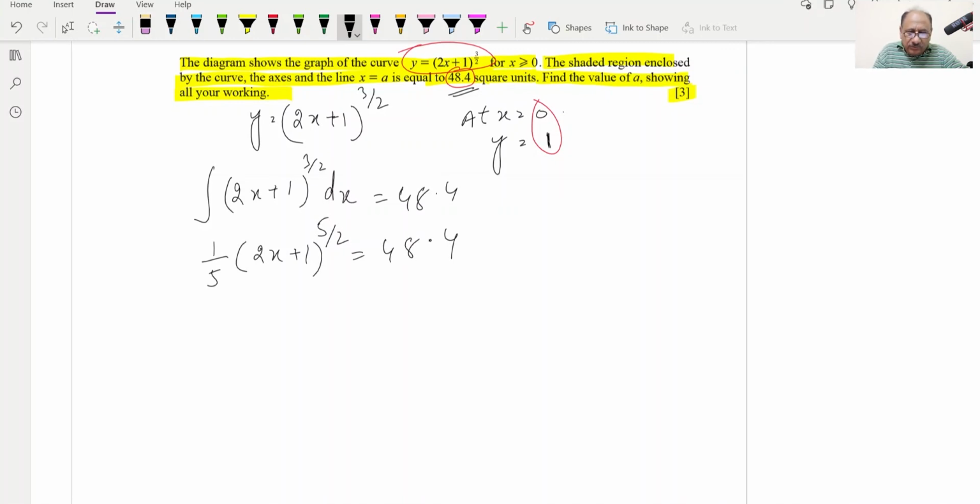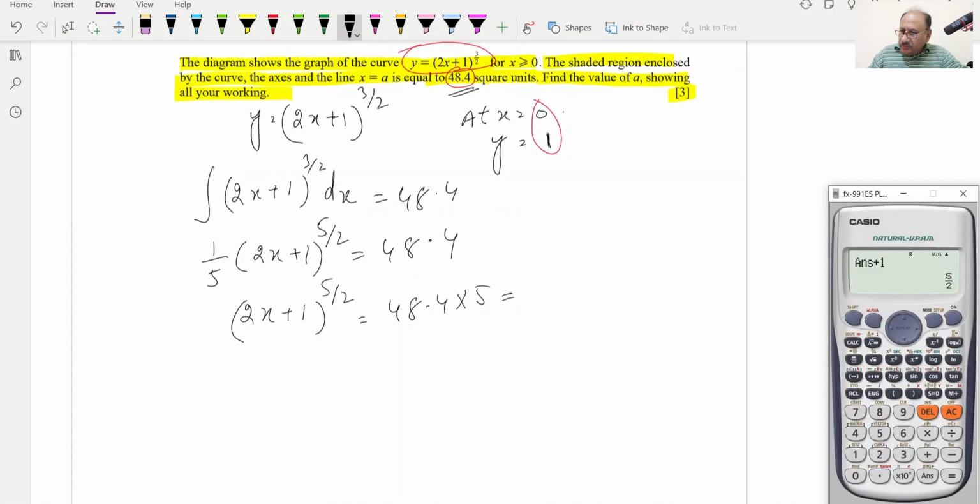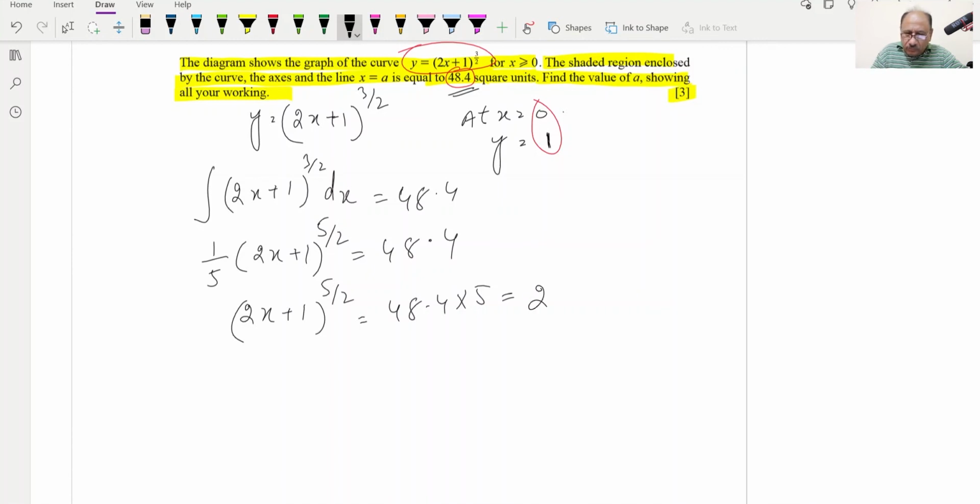5 first will be shifted to the other side, so we'll get 2x plus 1 raised to the power 5 by 2 is equal to 48.4 multiplied by 5, and 48.4 multiplied by 5 is equal to 242. So 242 will be over here.